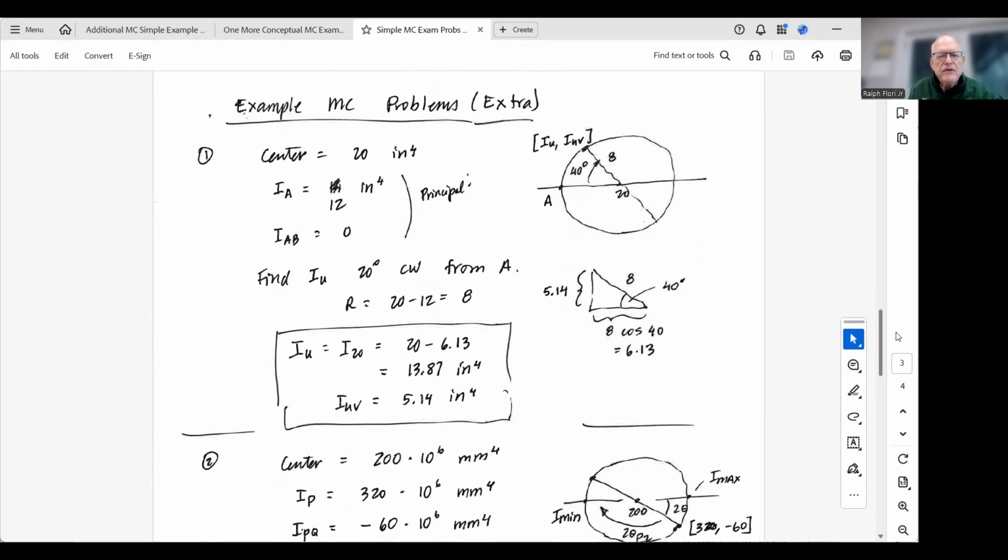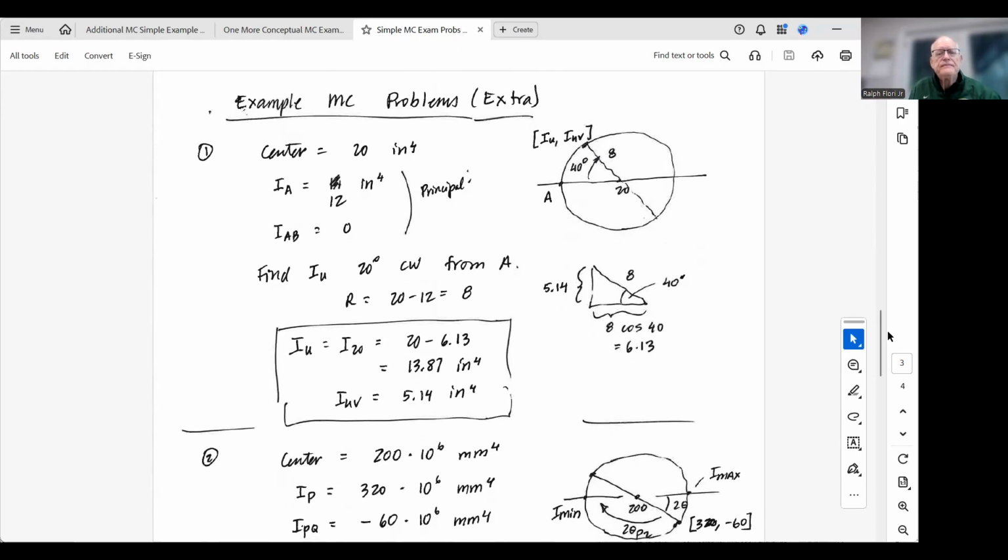So here are some more examples. The center is 20 inches to the fourth. You're given an IA, which is 12, and a product of inertia IAB, which is 0. So this tells you, aha, IA is a principal. And since IA is 12 and the center is 20, that means IA is a minimum.